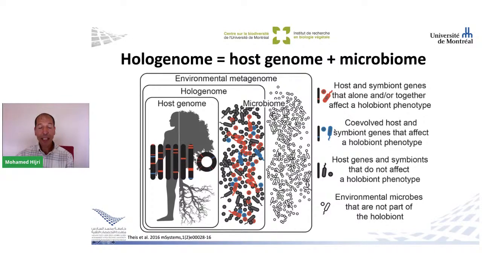There are some microbes, typically some even pathogens, that co-evolve in parallel with their host, while others are not really interacting directly with the host plant. So to keep things simple, a hologenome is the host genome plus the genomes of their microbes, or the microbiome.